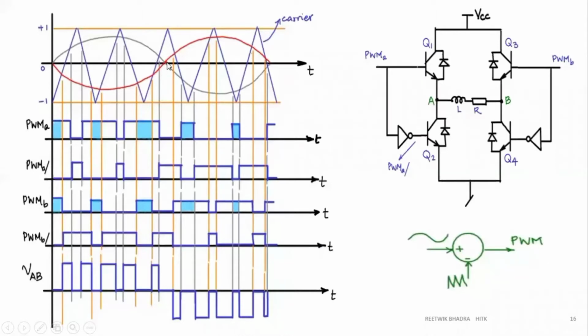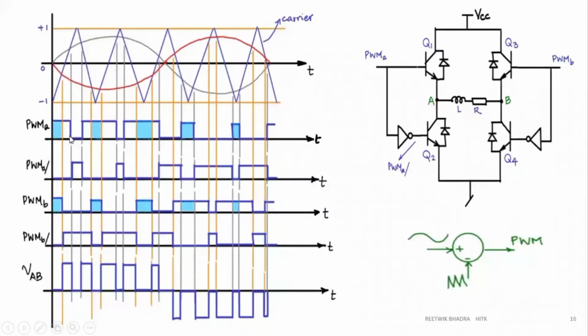First, the intersection points are marked, and over here you can find this point. From this point to this point, my sine wave is greater than this triangular wave. That is, my ash color line has a higher magnitude than my blue color line. So obviously I'll get a pulse during this period. The output of the comparator will be high.